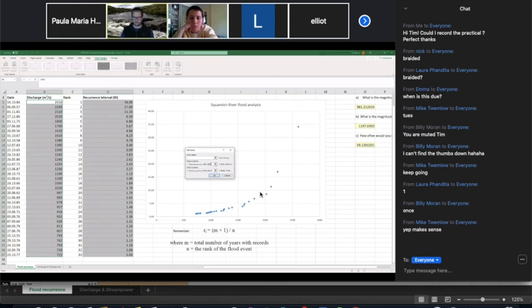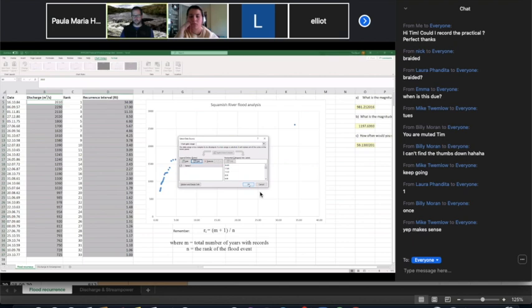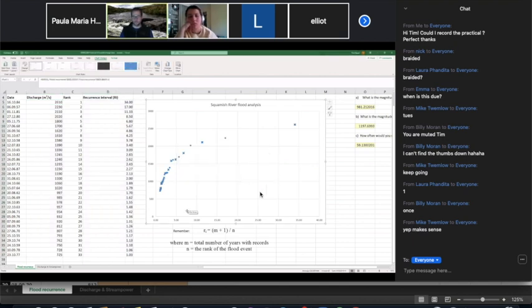So you probably have to delete this, and we want to select recurrence interval as the x value, and then the y values we want to select discharge. And then you can press OK and OK, and now it looks a bit funky again, but it's flipped our axes around there. So now what we can do is add some axis titles.